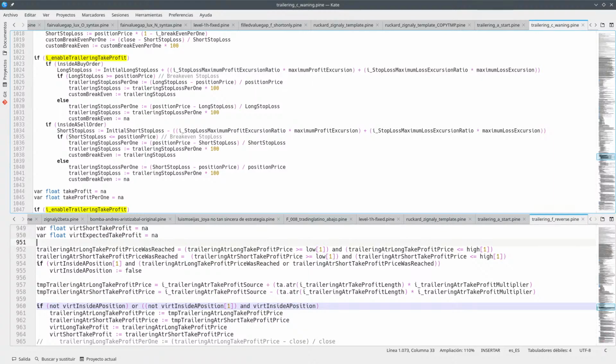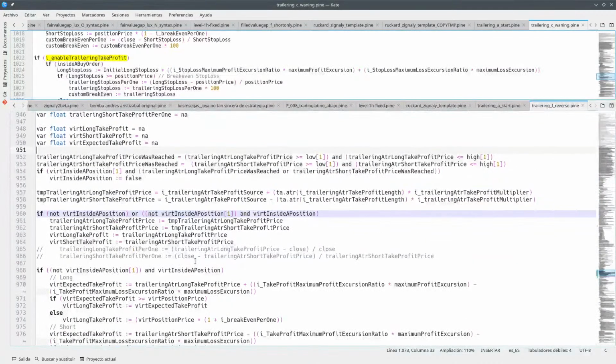initially. Probably the time made it modified. But the stop loss is modified every time, and that's what we're doing here. So we just want to know if we are inside an order, and that's it.